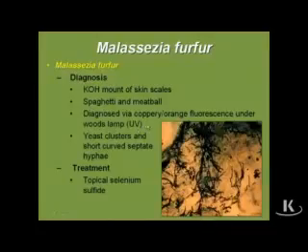Sometimes I've seen it referred to as bacon and eggs, but that's kind of the buzzword for that particular type of stain. Very, very diagnostic for Malassezia. You can also use fluorescence under UV light because you get kind of a coppery orange colored fluorescence if you put a UV light on the lesions.